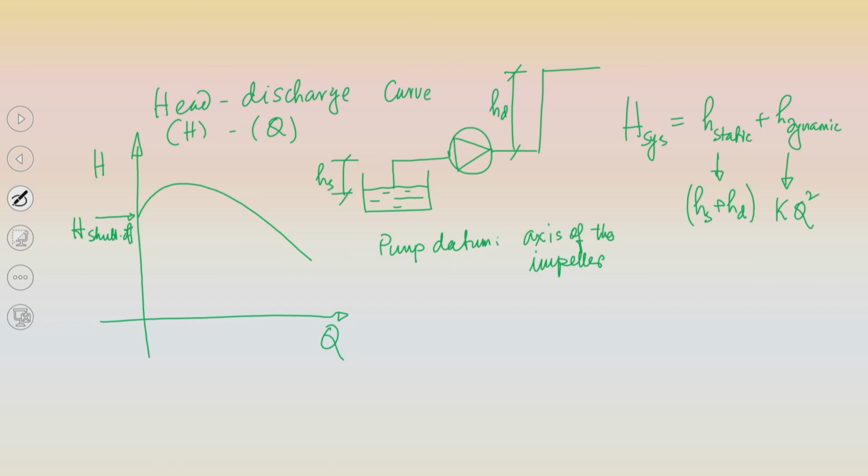So, if I now draw this using a different color, this is the static part, this is H static, and this part is H dynamic.